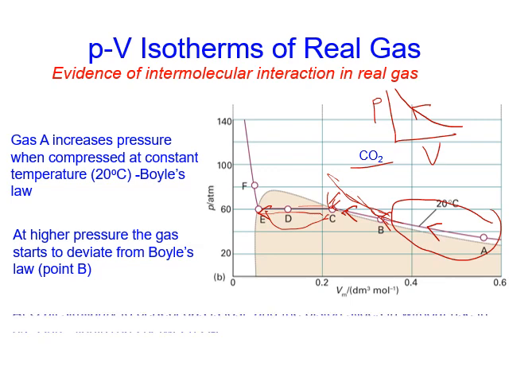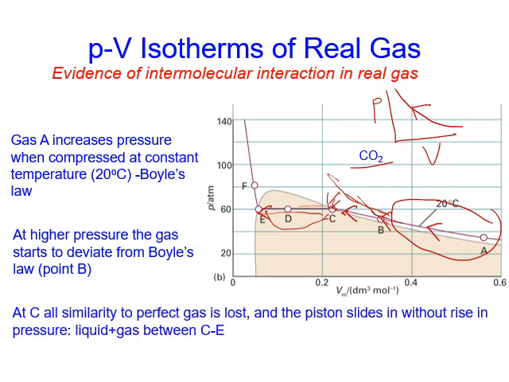So the point E is a liquid phase. Now, if you want to reduce the volume of the liquid, you need extremely high pressure. The fact that carbon dioxide changes from gas phase to liquid phase at high pressure is evidence of intermolecular interaction in real gas.